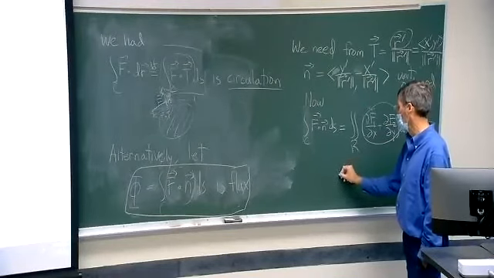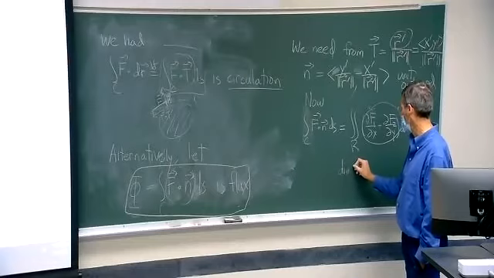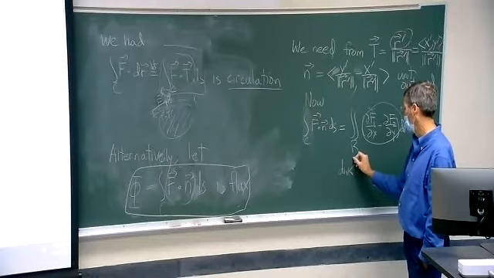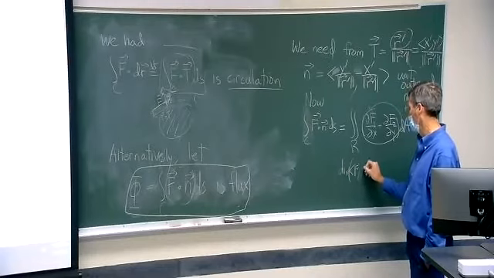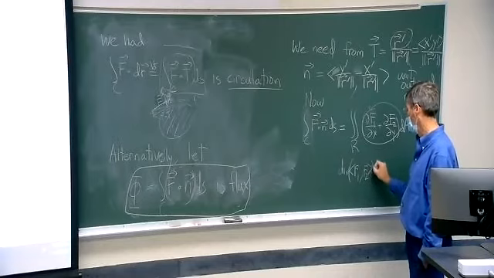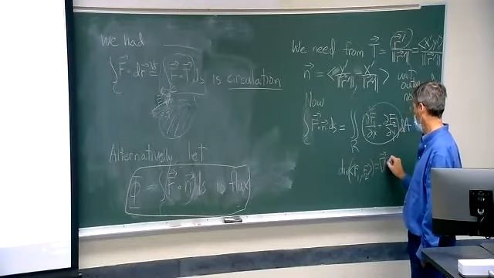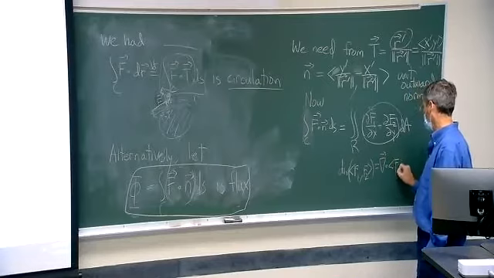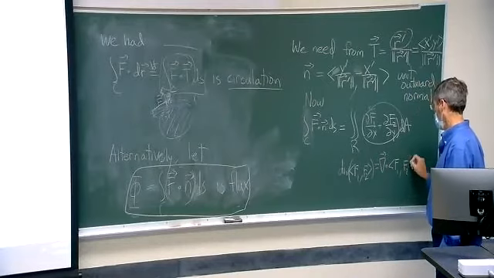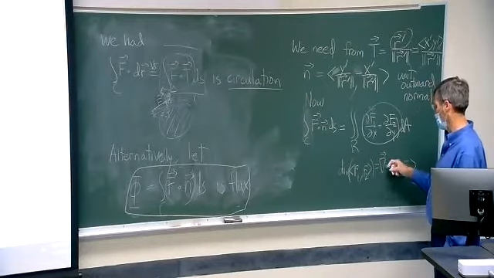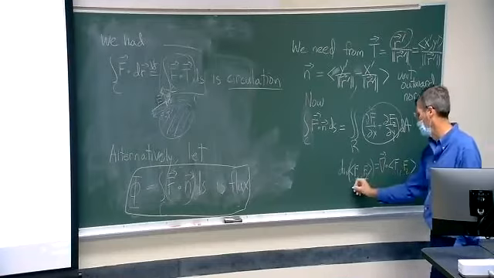The divergence of a vector field f1, f2 was del dot f1, f2, where del is the gradient operator, d/dx, d/dy.